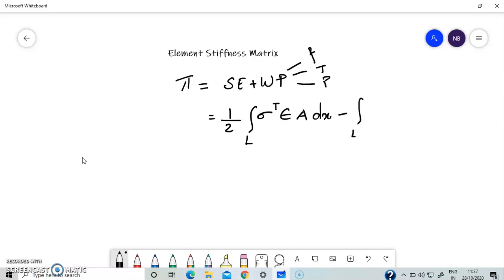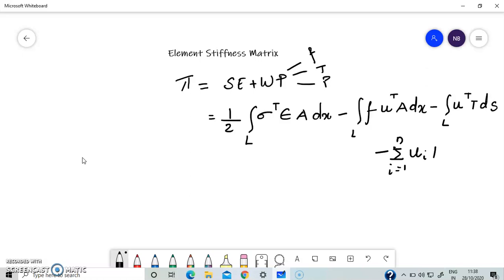So that is minus integral of u transpose into f into A dx, minus integral of u transpose into T ds, which is over the surface, and minus summation i going from 1 to n of u_i P_i.